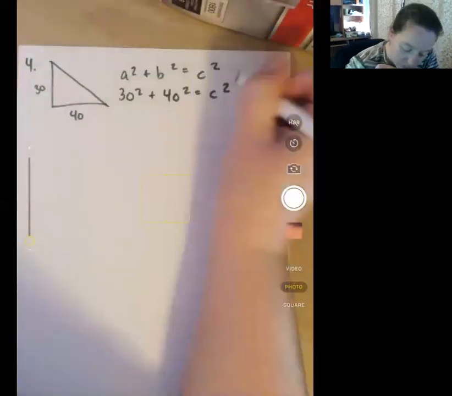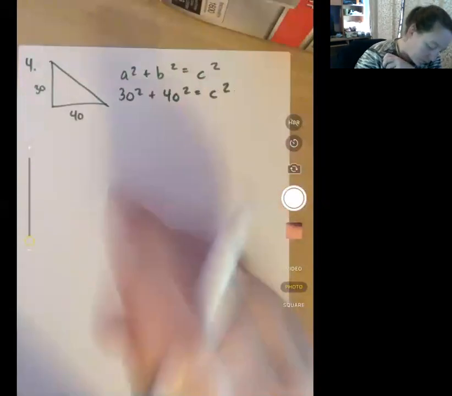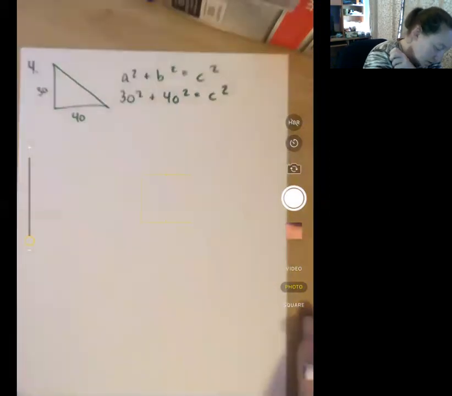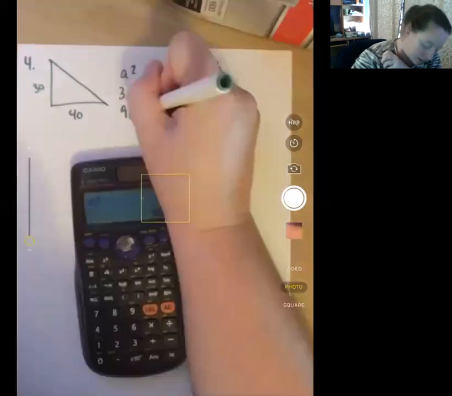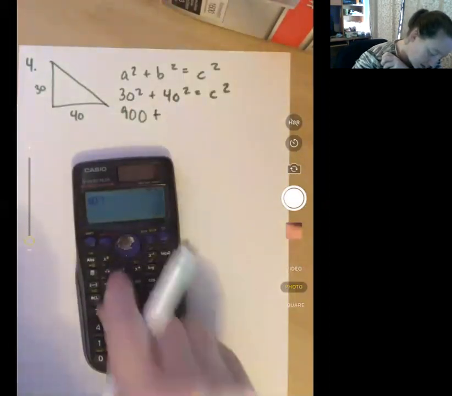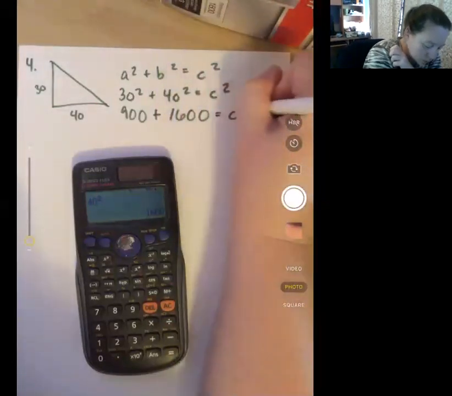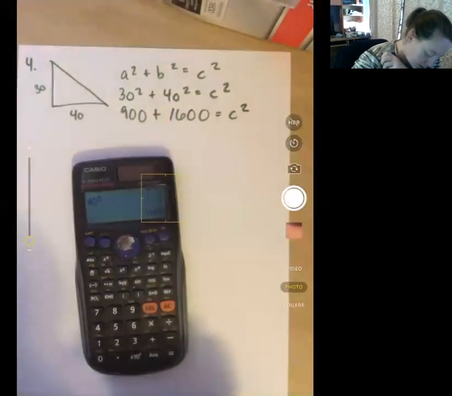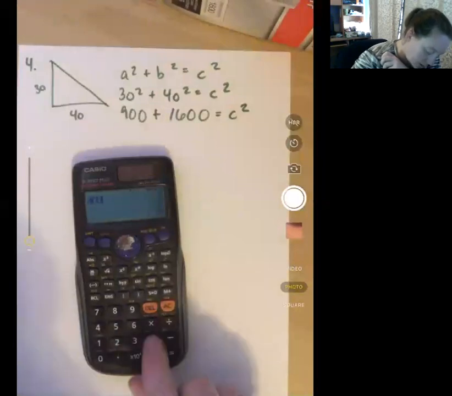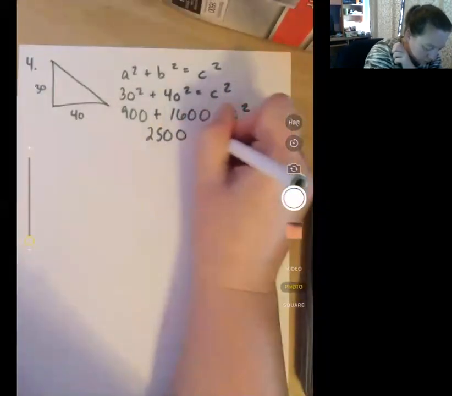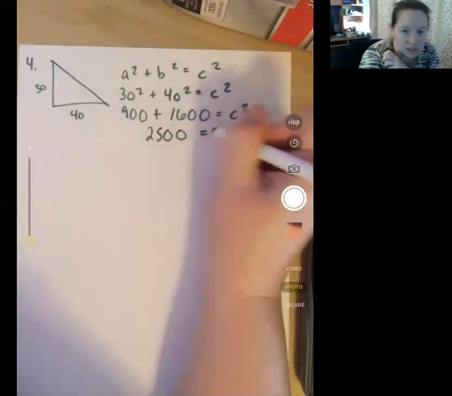I'm going to do my calculator. 30 squared is 900 plus 40 squared, which is 1,600, is equal to c squared. 900 plus 1,600 is equal to 2,500 is equal to c squared.